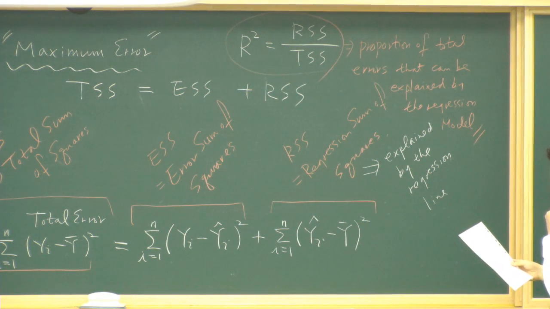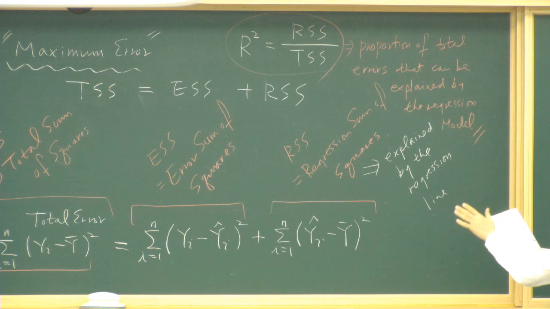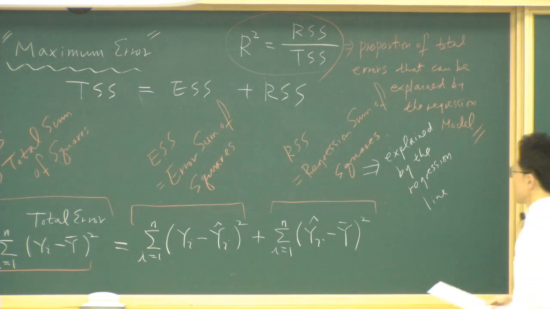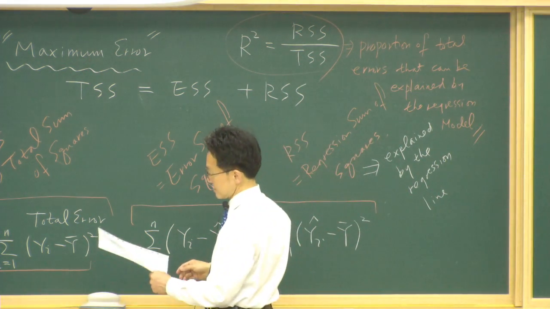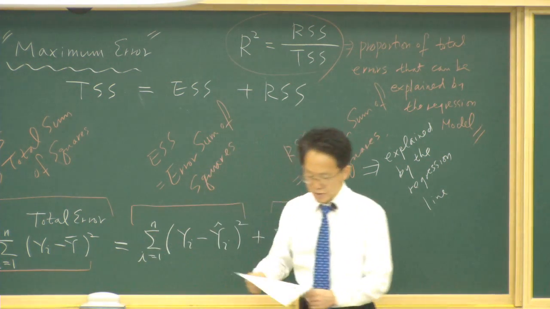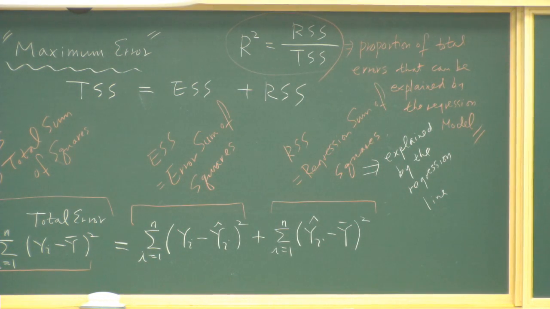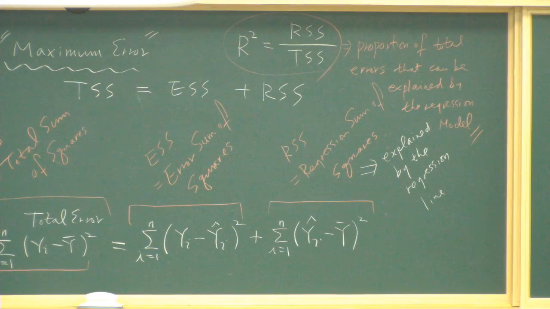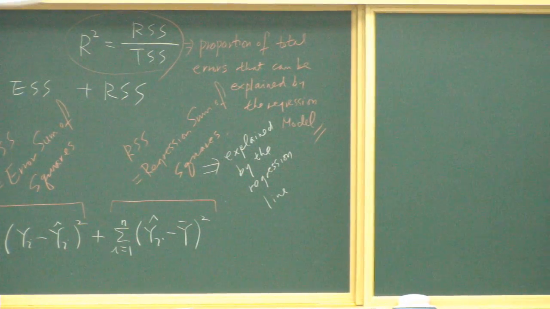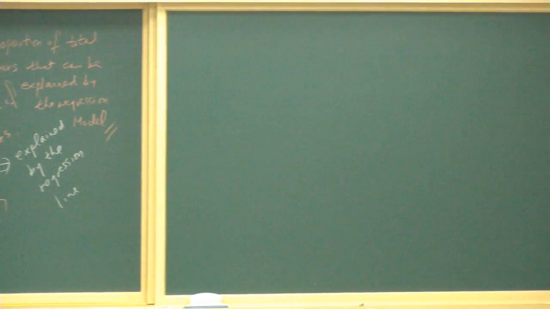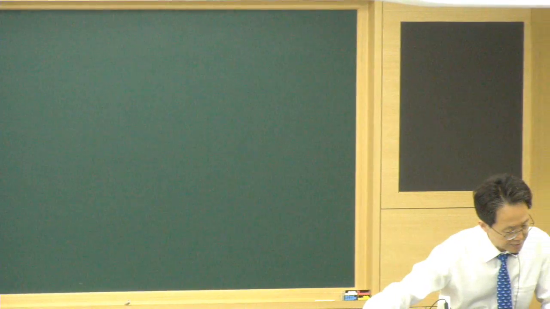Okay? And then I will compare this F statistic and the p-values related with the F statistic together. Okay? So let me just go over our regression model. Let's say we have a basic regression model here.